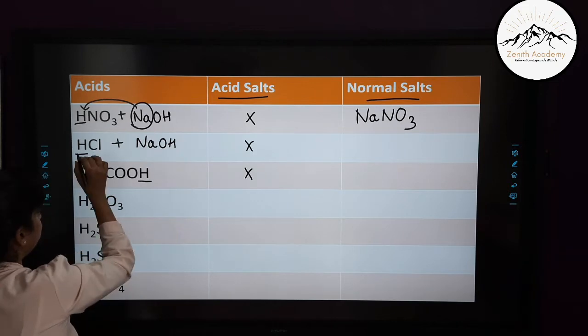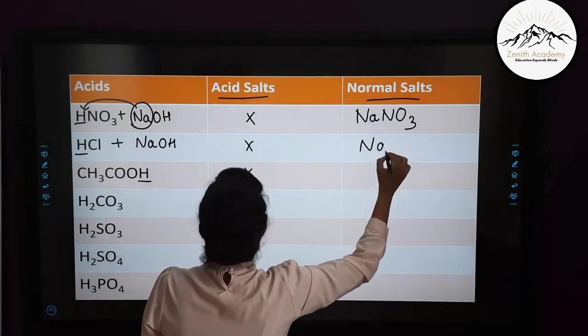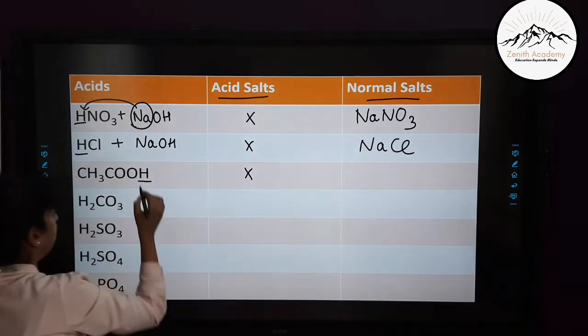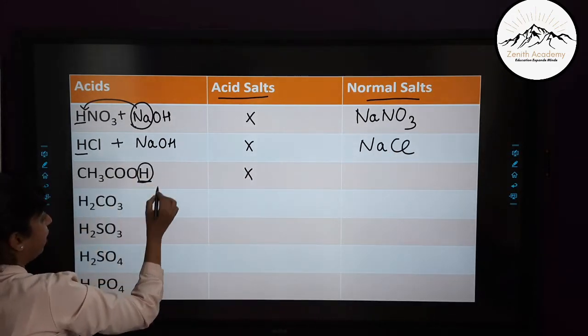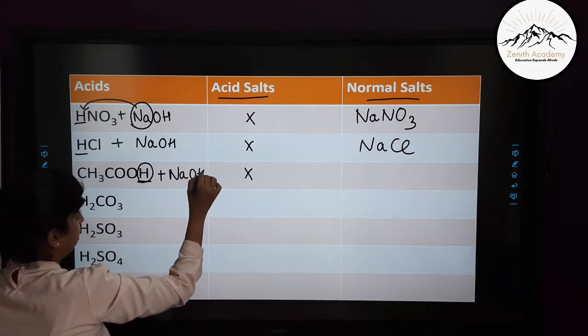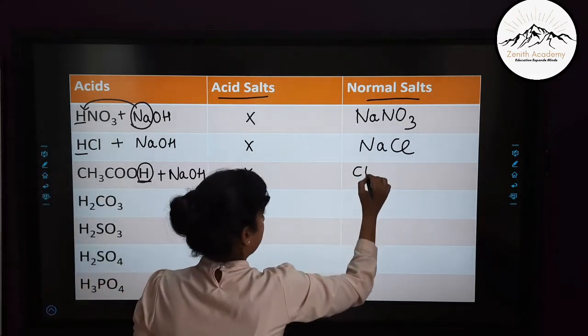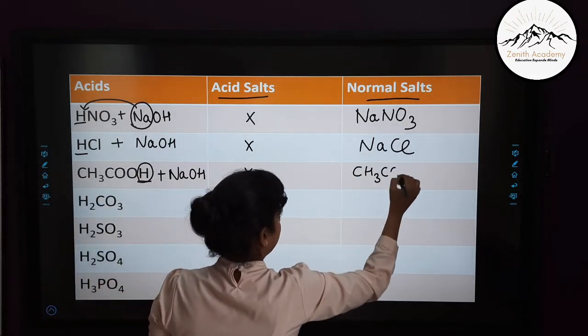There is only one replaceable hydrogen, so it will form NaCl. Here also there is only one replaceable hydrogen, so if you react it with NaOH, which salt will it form? Sodium will come here, so it will form sodium acetate.